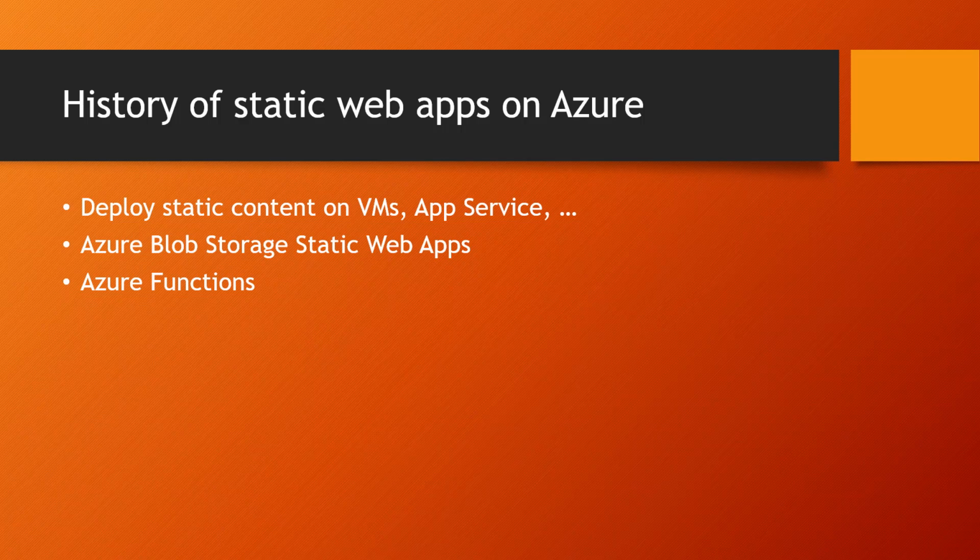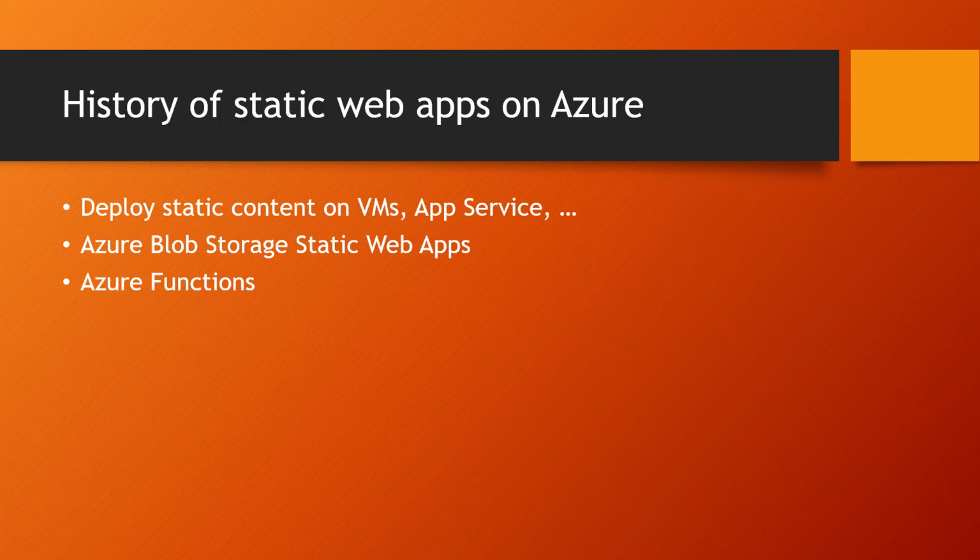Before I proceed, let's have a quick history of how we used to deploy static web apps in Azure. Before static web apps, we used to deploy the static content, like a single page app with Angular, React, or anything, on a virtual machine or app service or anywhere in Azure.